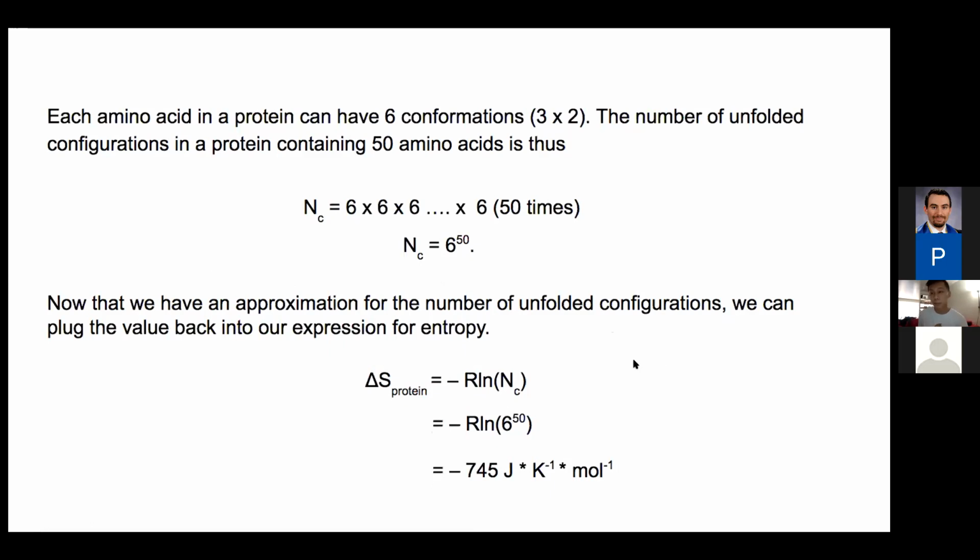For the 2, will it always be multiplied by 2? I get the 3 because of the Ramachandran, but then when you multiply it by 2 to get 6, is it always going to be 2? Are there special situations where it wouldn't be 2? Well, there are definitely many situations when it's not 2. 2 is the approximation.